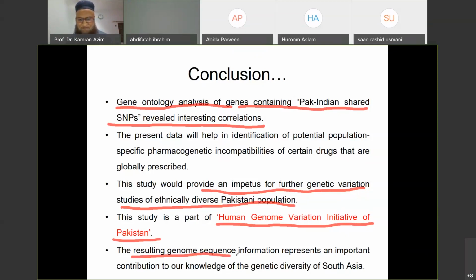The resulting genome sequence information represents an important contribution to our knowledge of the genetic diversity of South Asia. This type of study can provide valuable information regarding the genetic diversity of the South Asian subcontinent.